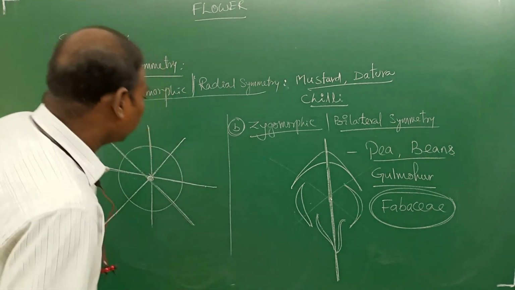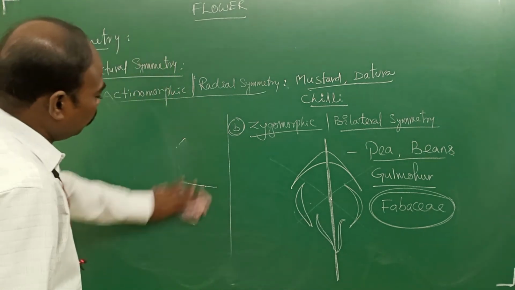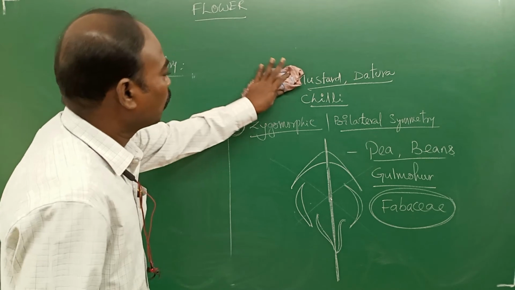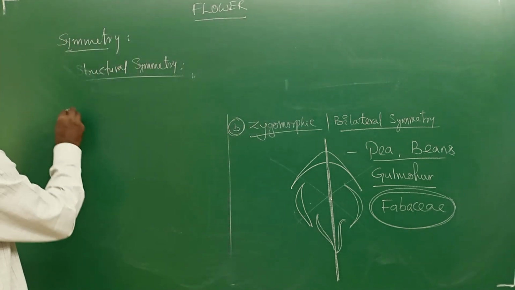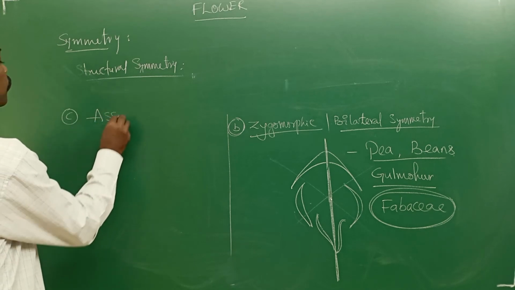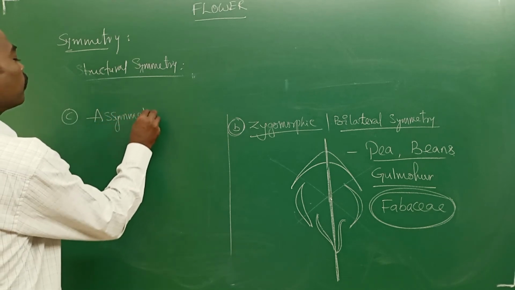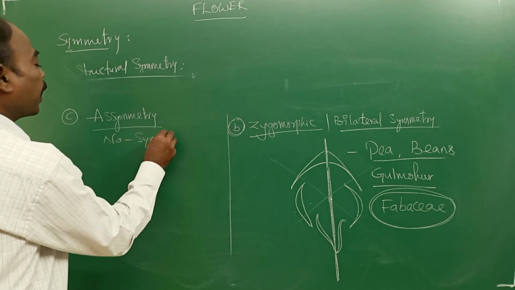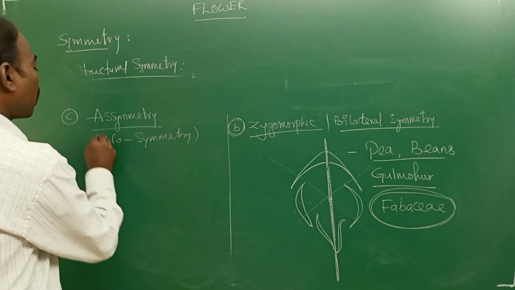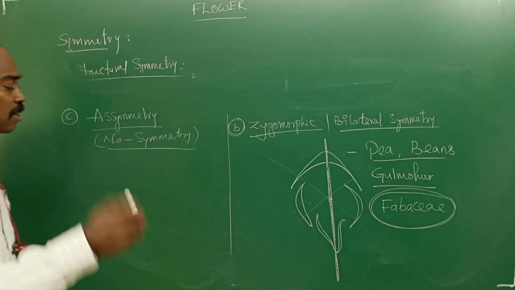Next, thirdly, asymmetric flowers, means no symmetry. So structurally, their arrangement was not the same.